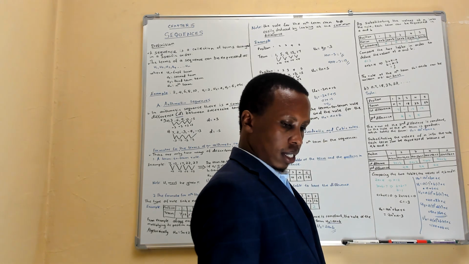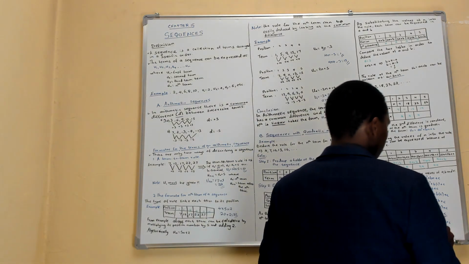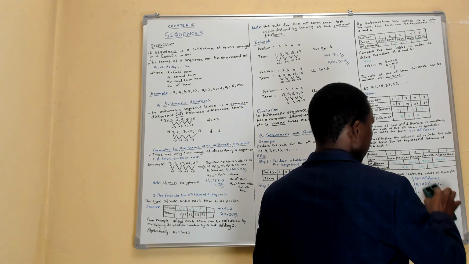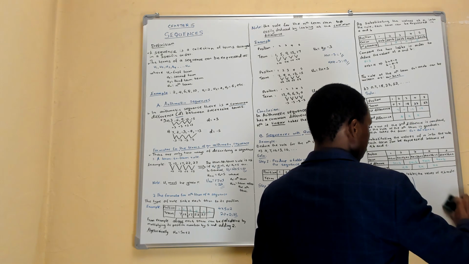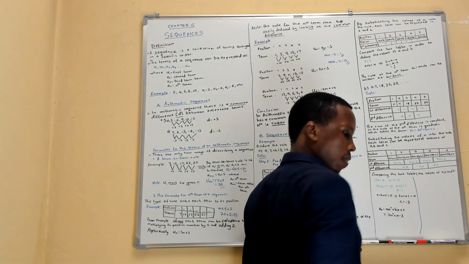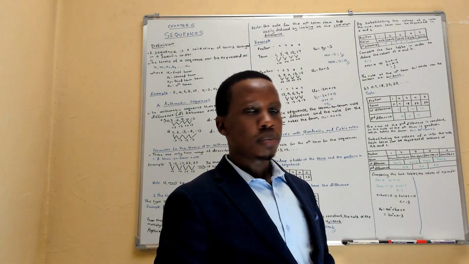What the first difference gives me is, let me just wrap this, then I can do the first difference. What the first difference is giving me is I'm trying to subtract the successive terms.